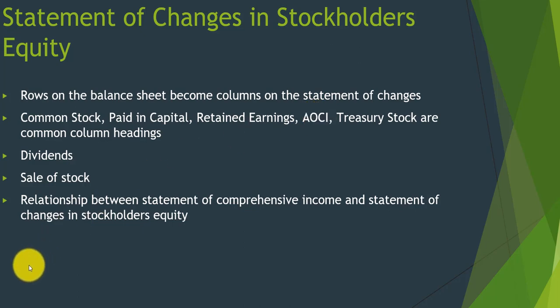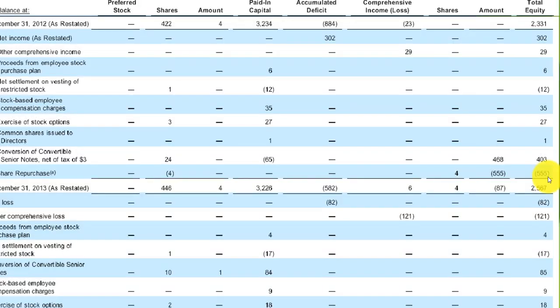So important to note the following. If we go to the next slide, we'll see a statement of changes in stockholders' equity. Notice that there is a column here for accumulated other comprehensive income and a column for retained earnings, or in this case, because it's a loss, accumulated deficit.